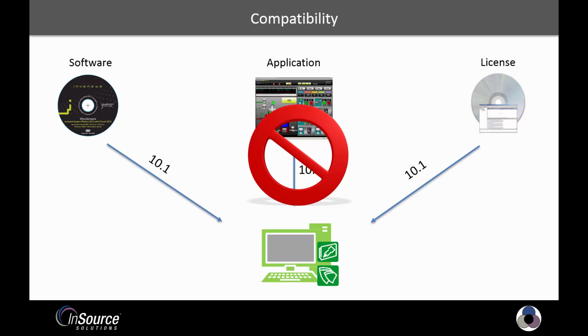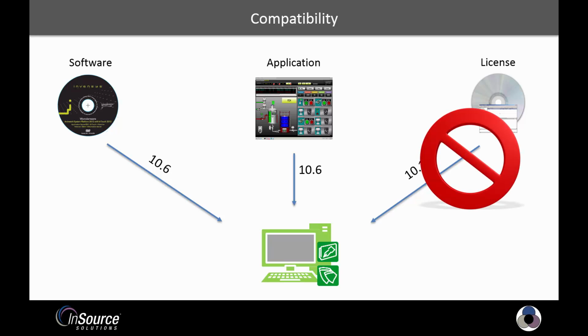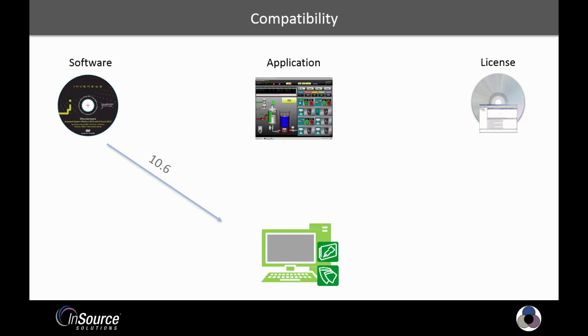So now let's go to the next scenario. The software that I have installed on the computer is 10.6. My application is 10.6. However, my license is 10.1. I've yet to put my upgraded license on that machine. Will this work? The answer is no, because my license needs to be the same version as my software in order to enable that software. Scenario number 3.